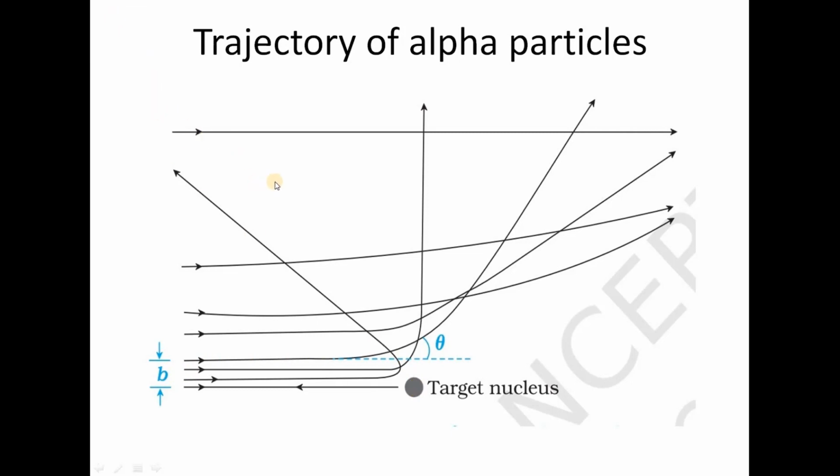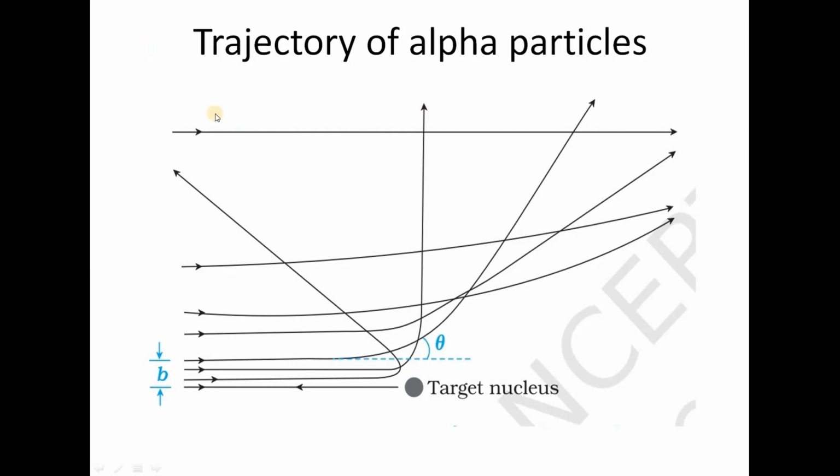In the alpha particle scattering experiment, we have seen the observations. The first observation is that most of the alpha particles pass straight through the gold foil. The second observation is that a few alpha particles suffer large deflections, sometimes very near to 180 degrees. Also, 1 out of 8,000 alpha particles was returned back.